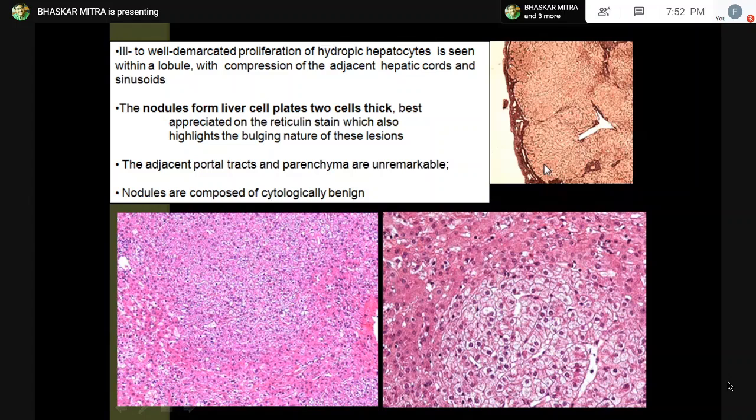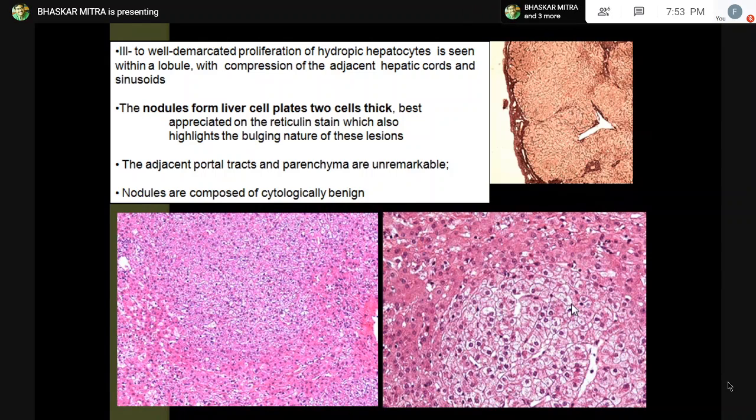It may be on the side and cause bulging of the liver surface, which can be better appreciated on the reticulin stain. The adjacent portal tracts and the liver parenchyma are usually unremarkable, and the nodules are composed of benign hepatocytes.